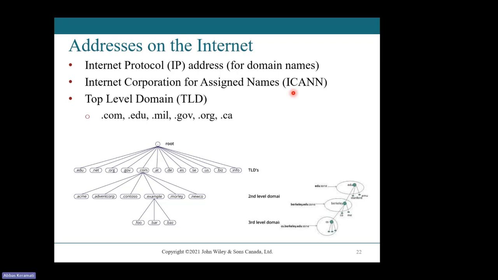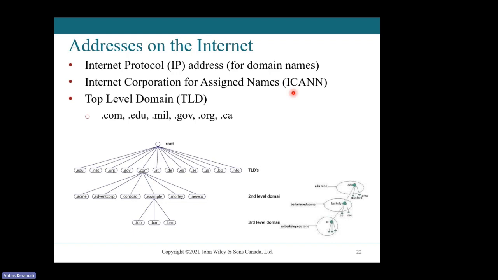There are a lot of service providers doing it for you. For example, GoDaddy is a service provider that can create a website for you, and they check the name with ICANN's database, the Internet Corporation for Assigned Names.